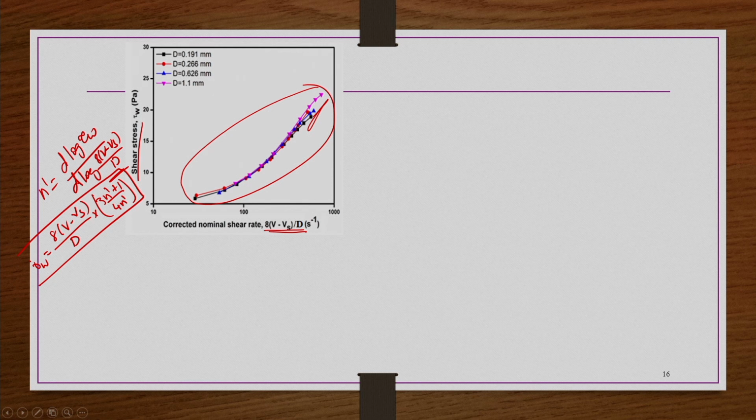Right. That way you can do, as we have done in one example problem in the previous class. Since from this graph we can realize this is a concave upward curve, it is a shear thinning fluid.